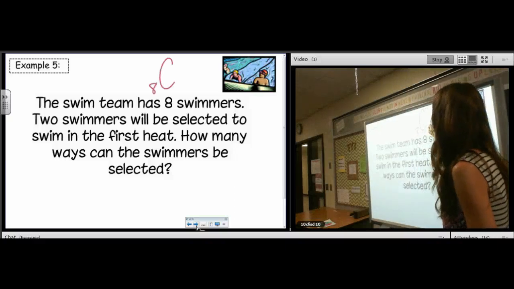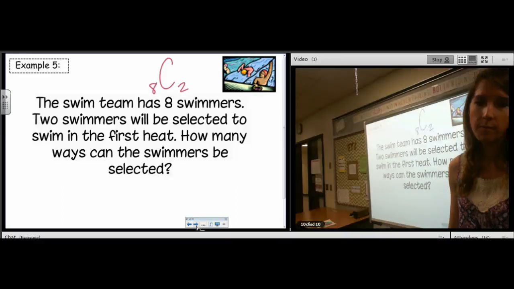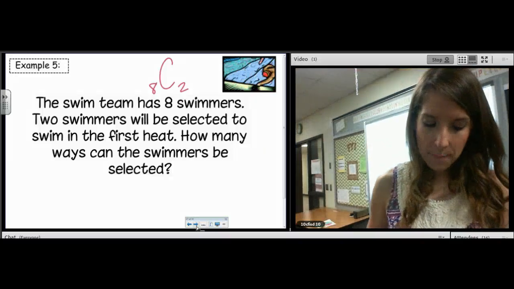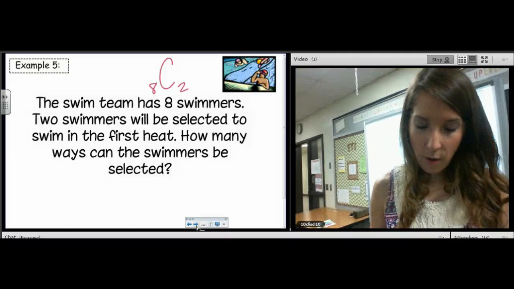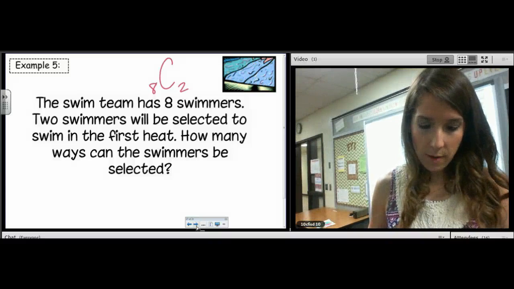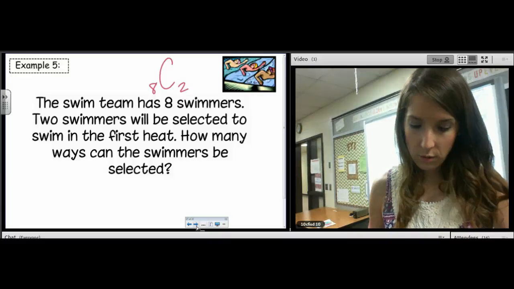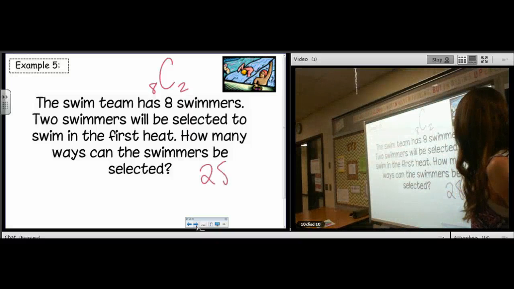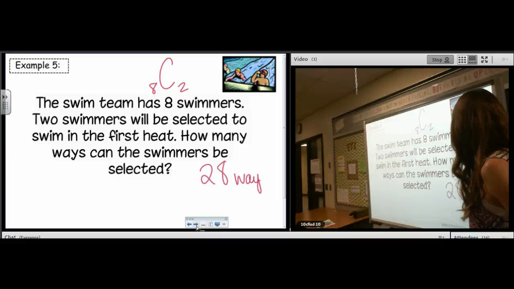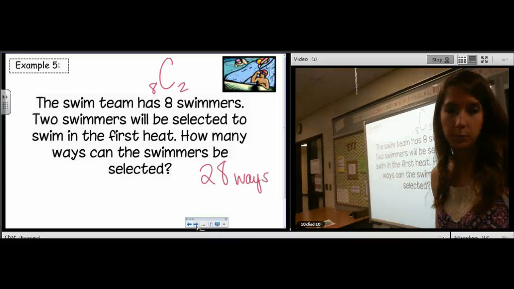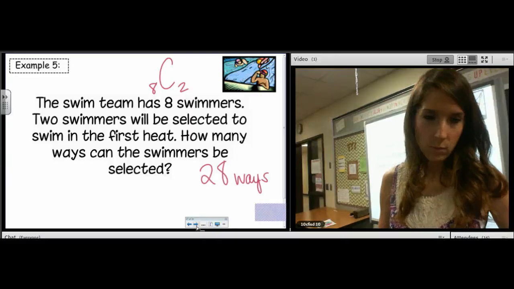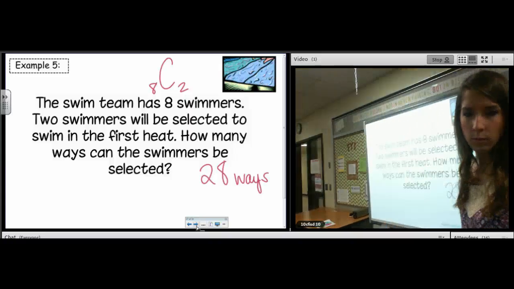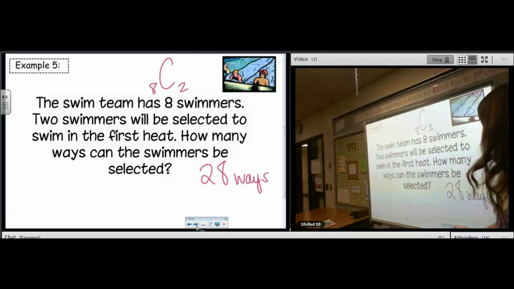There are 8 swimmers and you're choosing 2 of them. So go to your calculator, type in 8, go to math, go to probability, go to combination, and then 2. There are 28 ways. Okay? Order does not matter on that one.